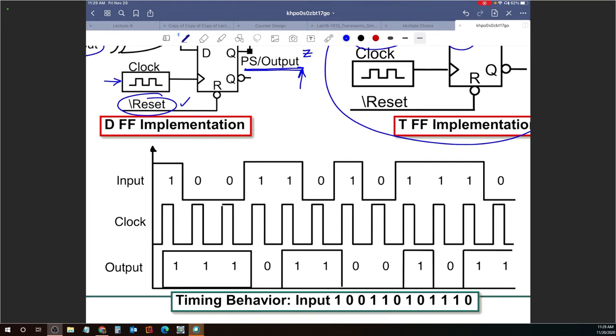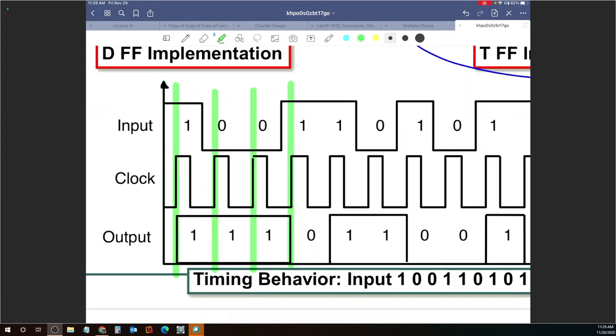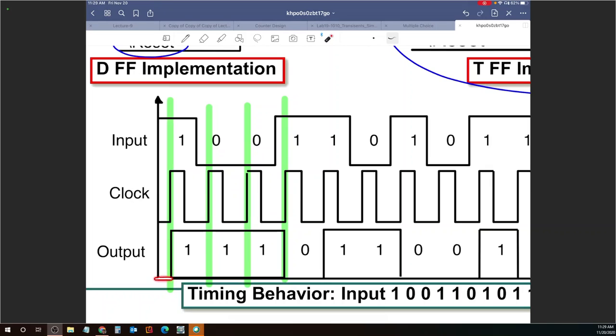What matters over here is what is the value at the input at the positive edge of the clock. This is quite important for you guys to understand, because our flip-flops are positive edge triggered. So the output starts off at a 0 because we reset it here. The input is a 1 to begin with.